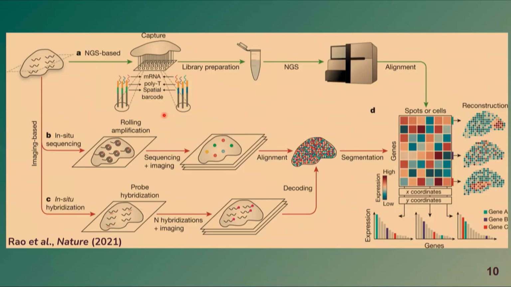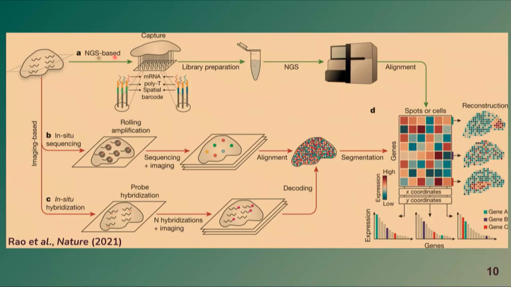The biggest difference is that in in situ sequencing and hybridization, you can also get the localization of each cell of the sample.